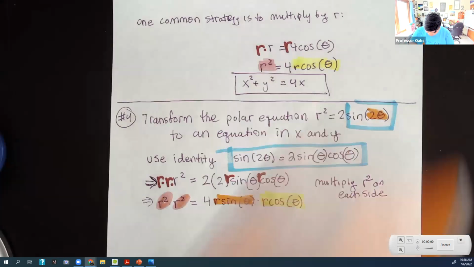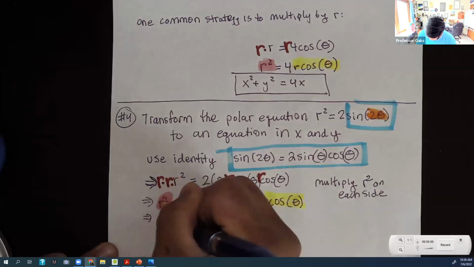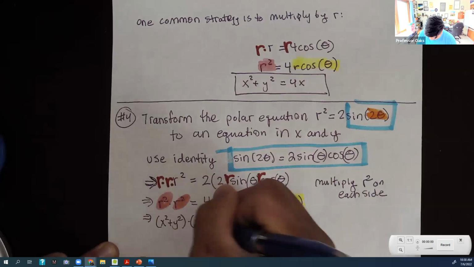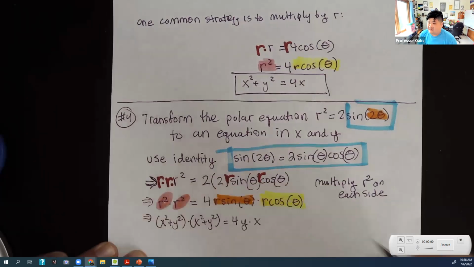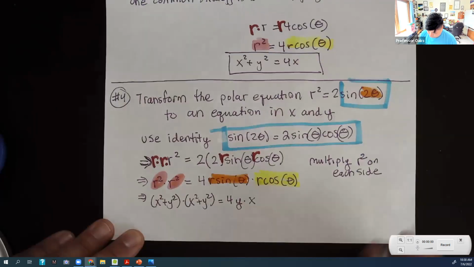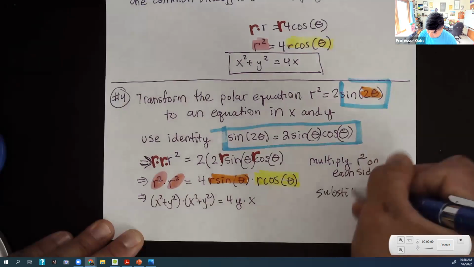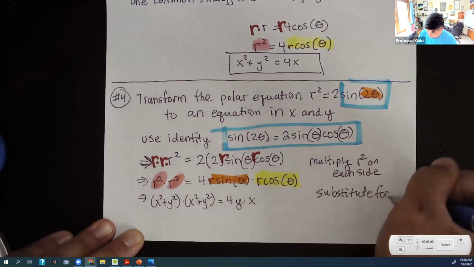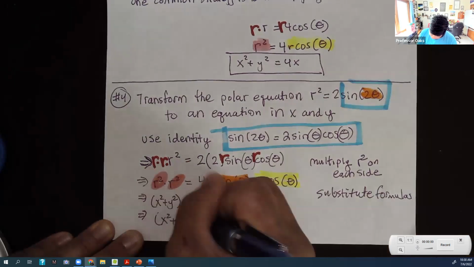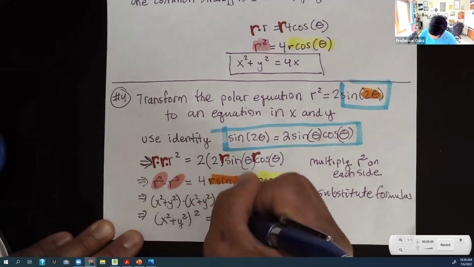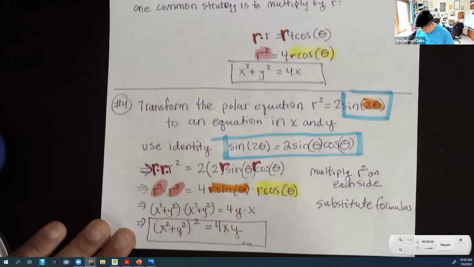This is x squared plus y squared, that's x squared plus y squared, this is y, and that's x. So substituting the formulas, this is x squared plus y squared, squared, is 4xy. And that is the final result.